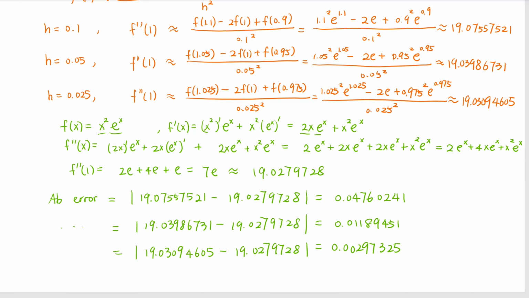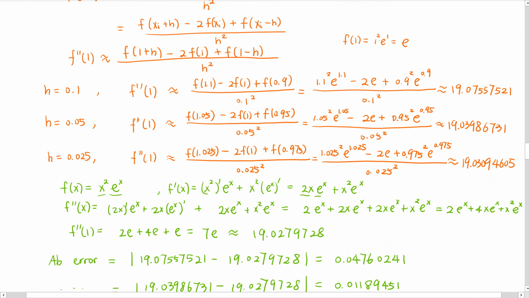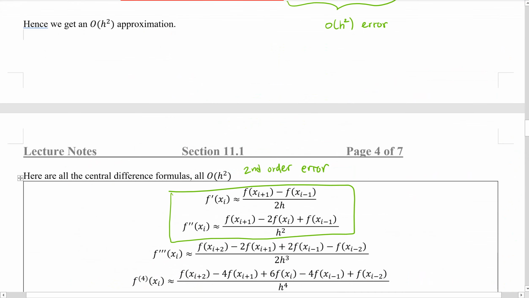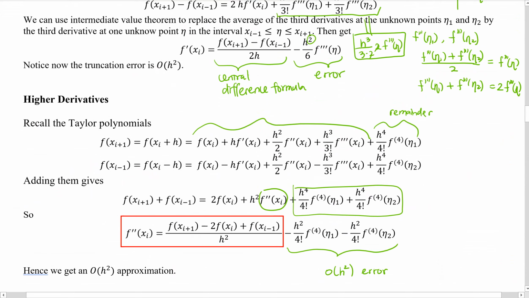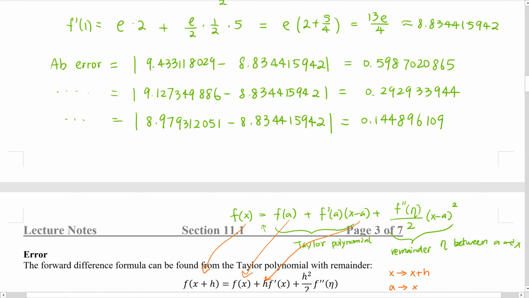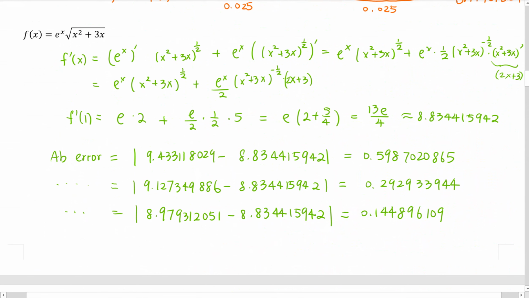Okay, you can see that our error is smaller. Okay, everybody? Because the step size is smaller, then the points are closer to each other, then the approximation will be better. Okay, and so if you redo the previous example using the central difference formula, you will see the error is also smaller.